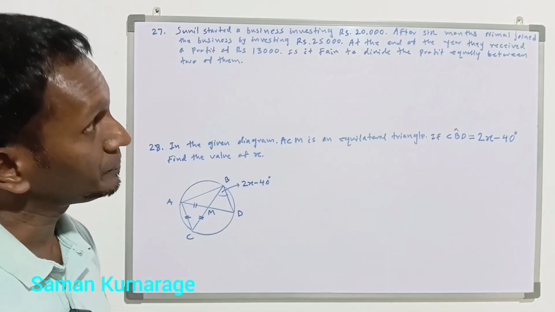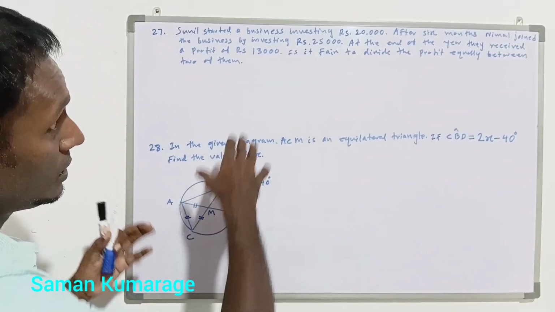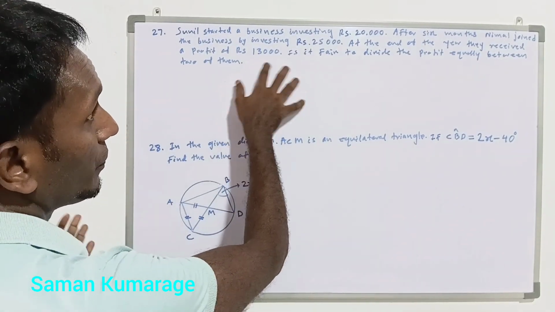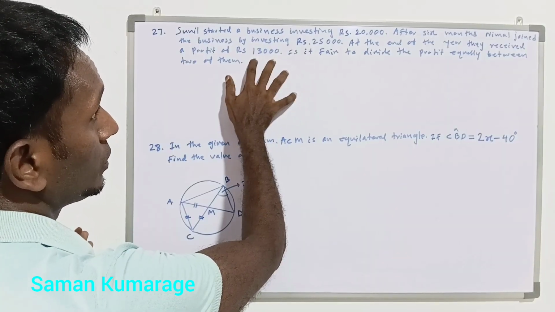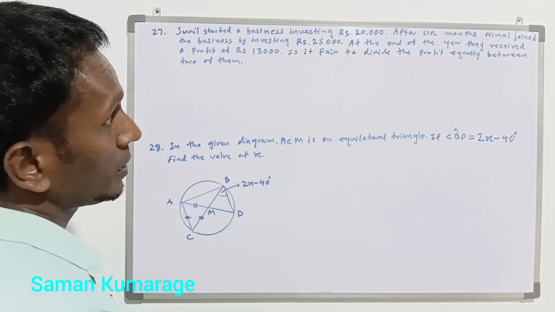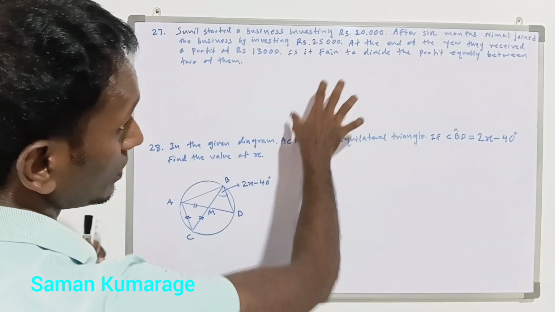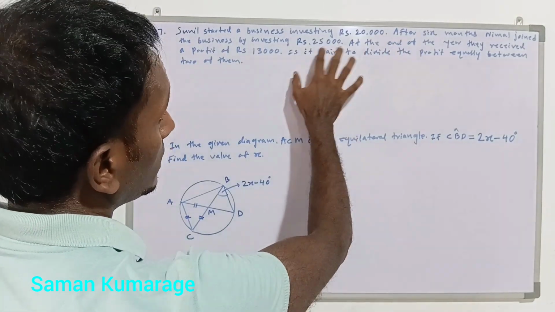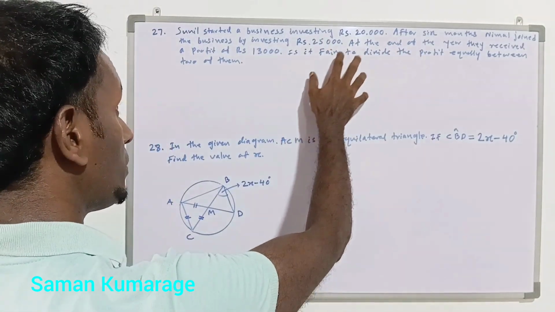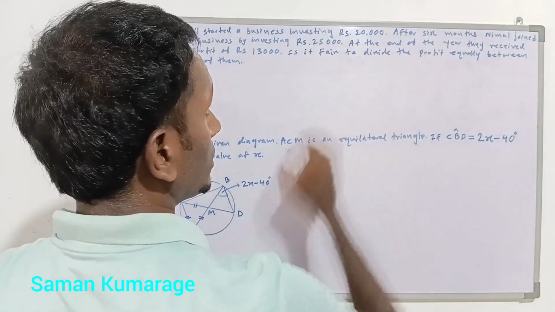They are asking whether it is fair to distribute this amount of profit between them, but the thing is, these two people have invested money for different periods of time.